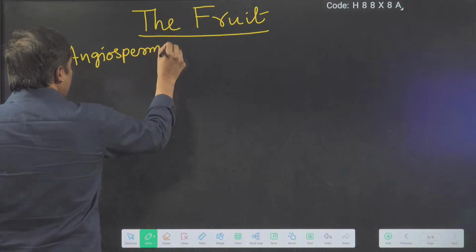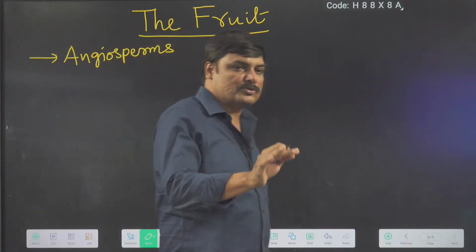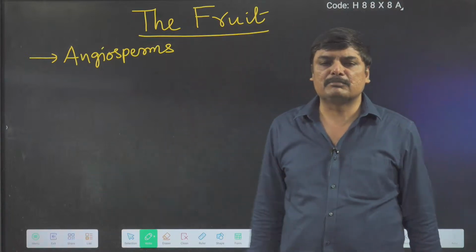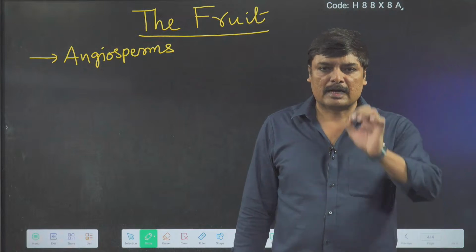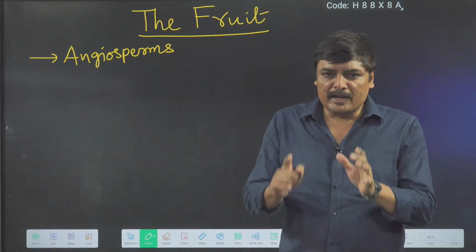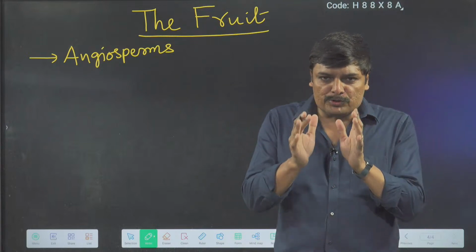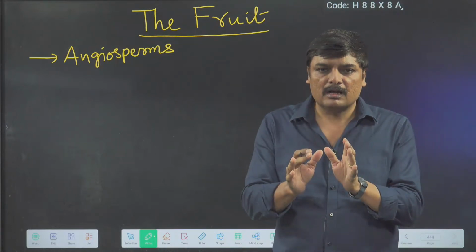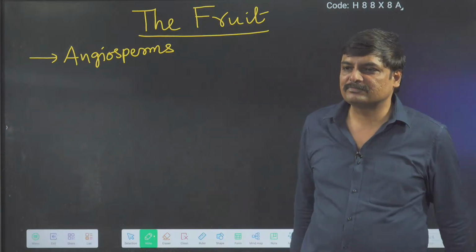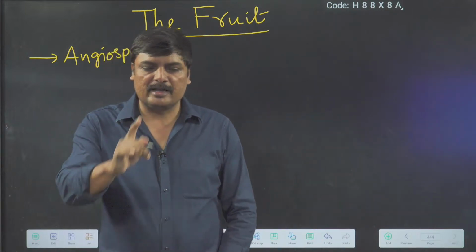No other group in the plant kingdom contains fruits. The one and only group of plants which produces fruits are flowering plants, called angiosperms.